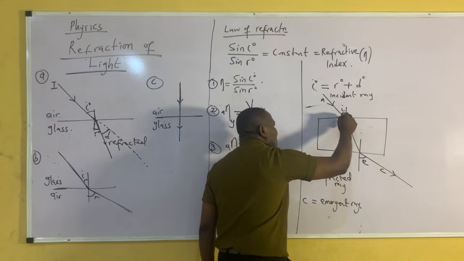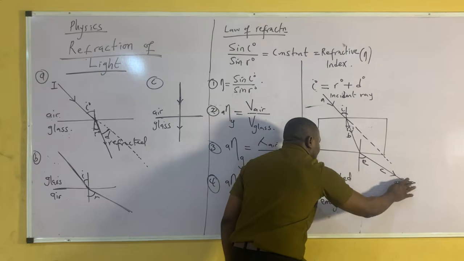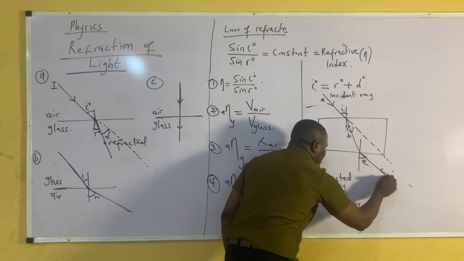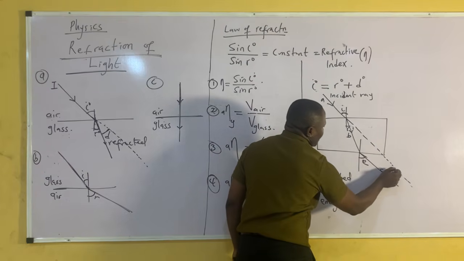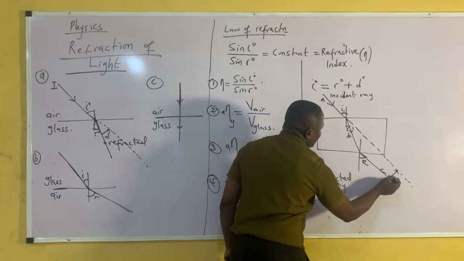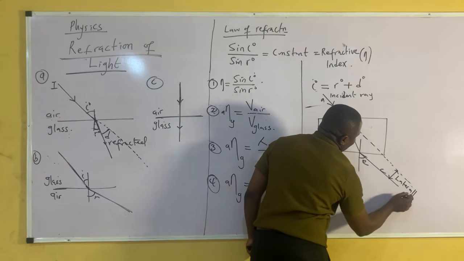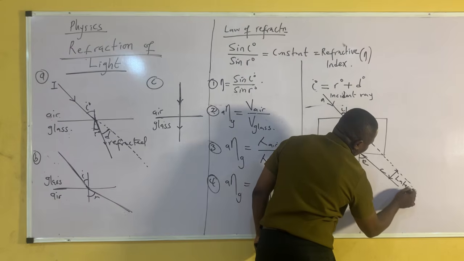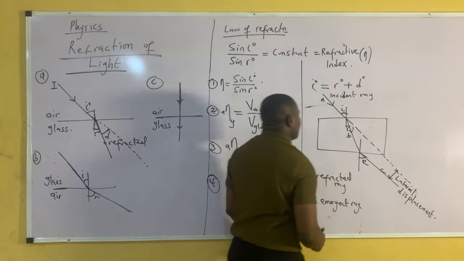Now, this would have been the actual path. It would have been like this, never to meet with this one. It will just be going parallel. So what is the gap between this and this? It's called lateral displacement.